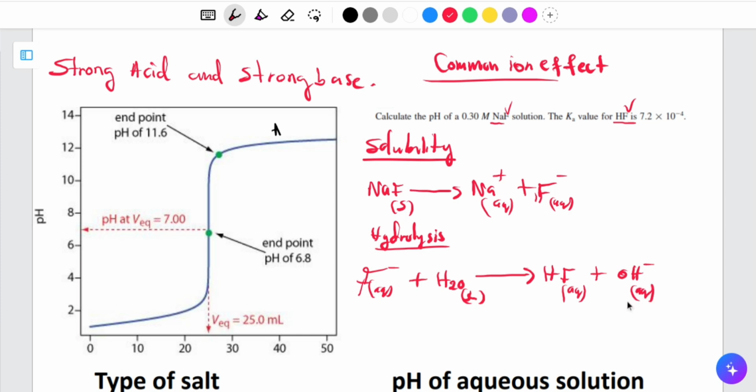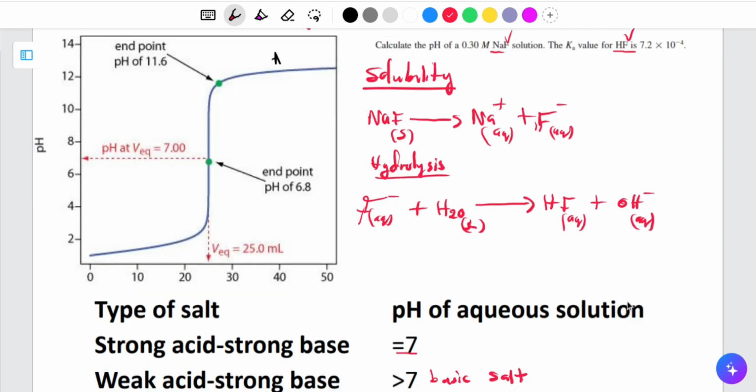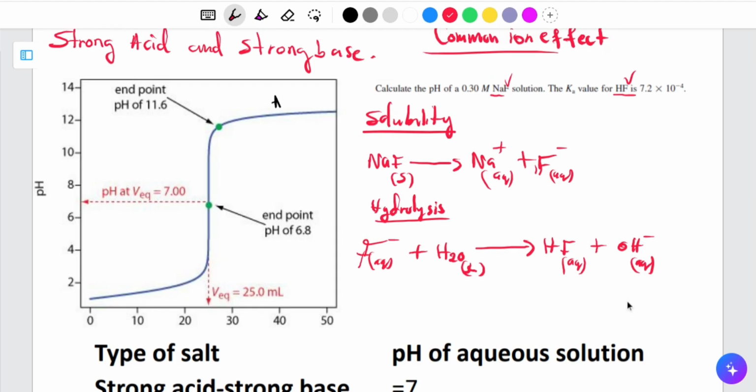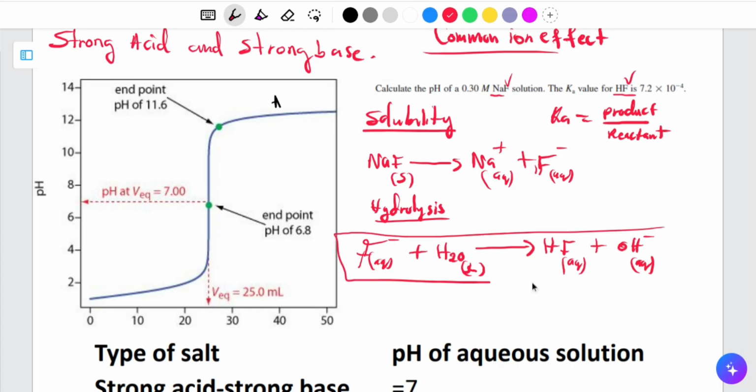So from there, what are we going to do? You know to say that K is equal to the products divided by the reactants. So according to what we have here, we can write the formula for Kb. Let me say for Kb, not Kw. Let me just write it here.